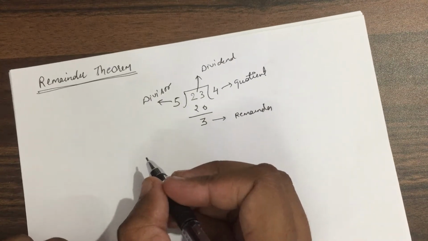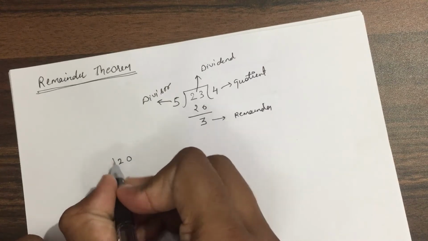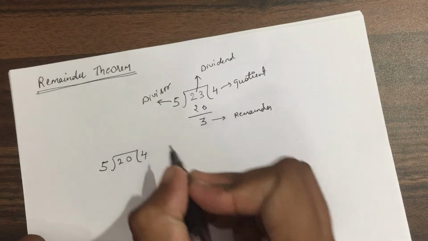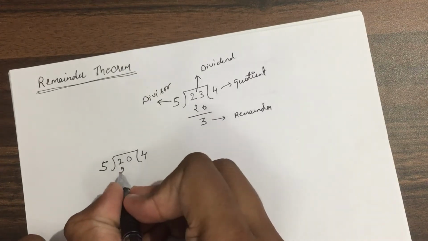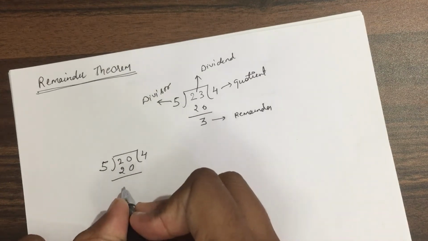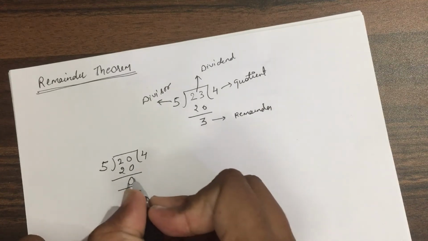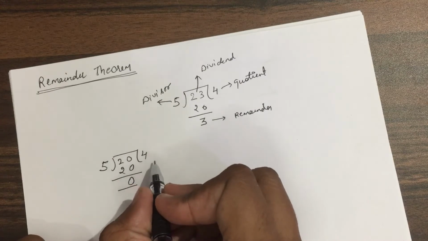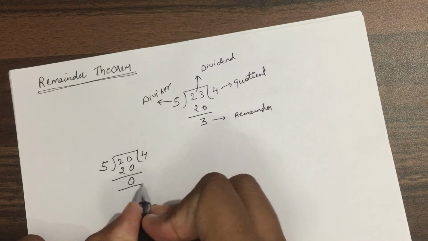Let us take an example. Divide 20 by 5. So 4 times it will be 20, then the remainder will be 0. Here you see, when you divide 20 by 5, the remainder is 0.